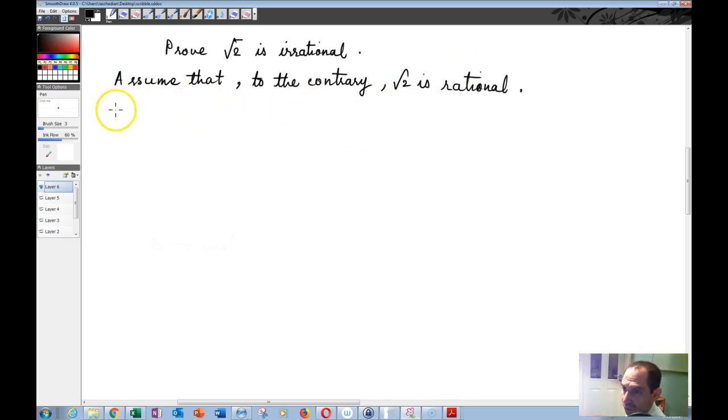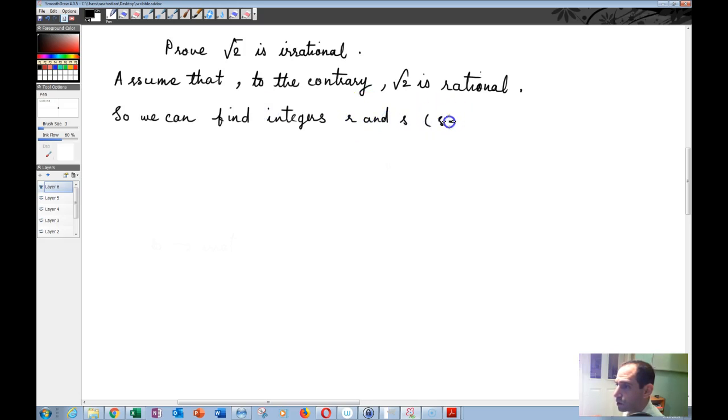If that's the case, we can find integers r and s, s not equal to 0 as we mentioned before, such that the square root of 2 is equal to r divided by s. That's based on the definition of rational numbers.